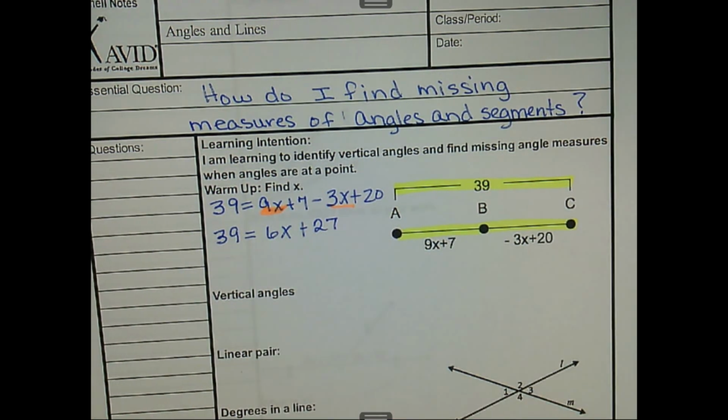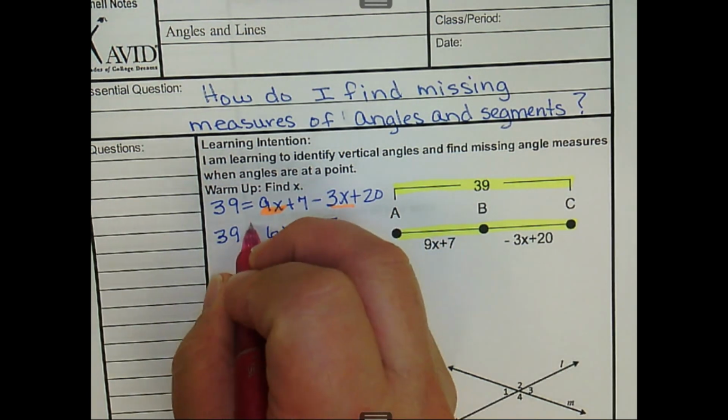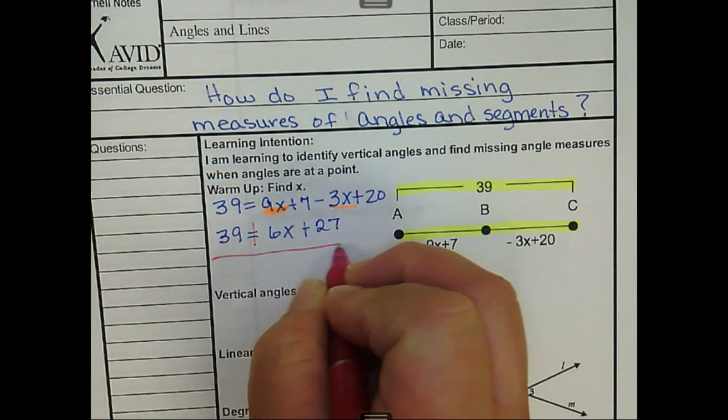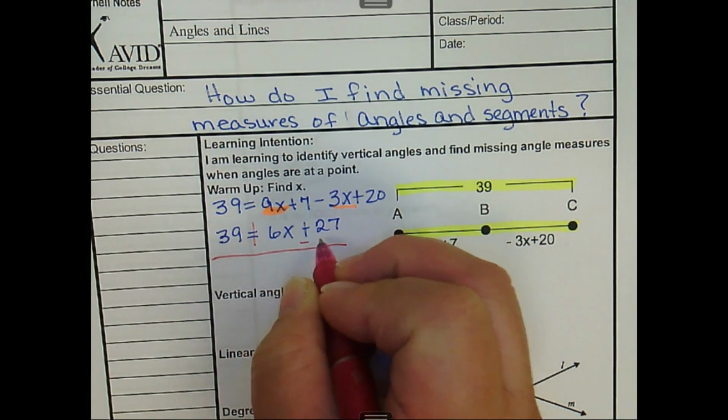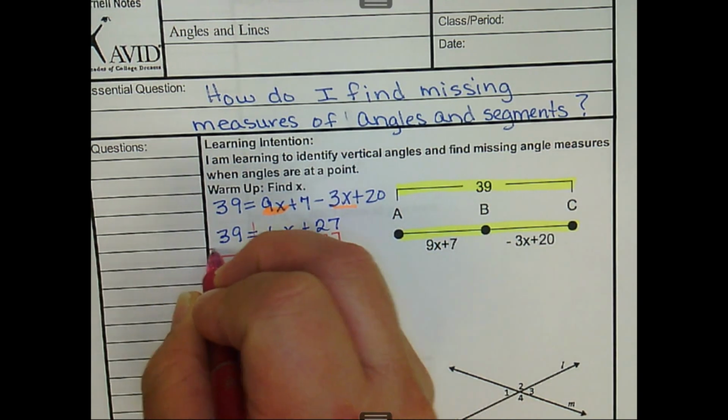Okay, now, what comes next? Well, just like in algebra, we've got to solve. First step is to get all the numbers to the same side. I've added 27, so I will subtract 27 from both sides.